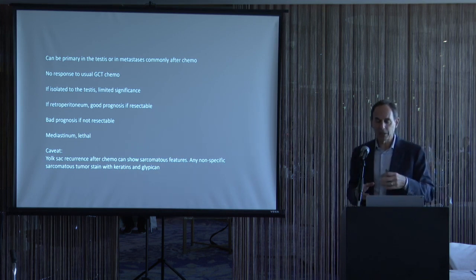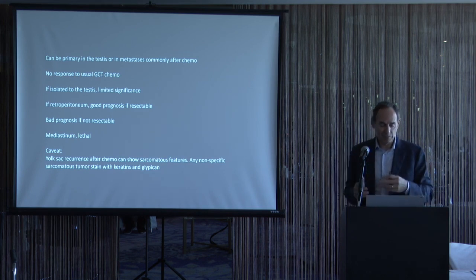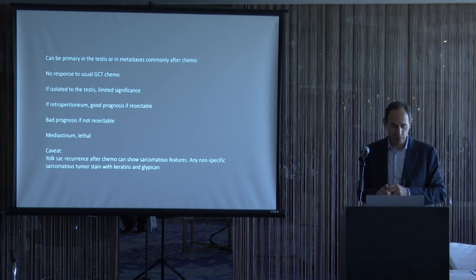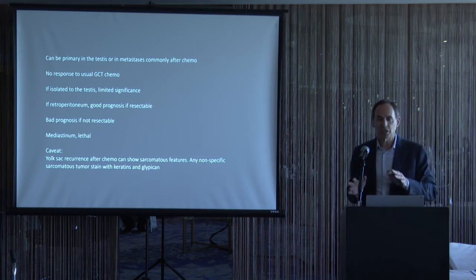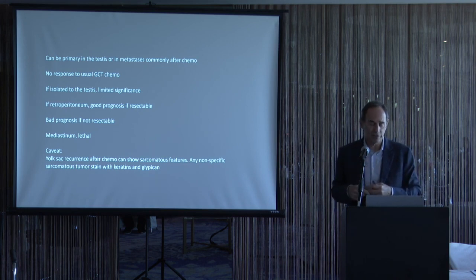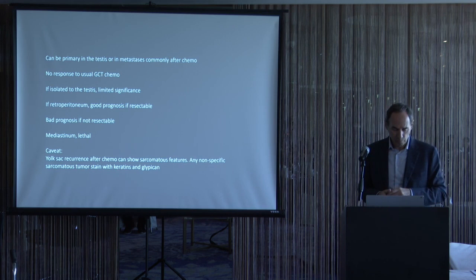If you have a somatic malignancy confined to the testes, usually that's not as much of a problem. And if it spreads to the retroperitoneum where the surgeon can get around it, and it's resectable, again, that's not much of a problem. But if it's unresectable, wrapping around the major veins and artery, or in the mediastinum where it's not resectable, those end up being lethal disease.